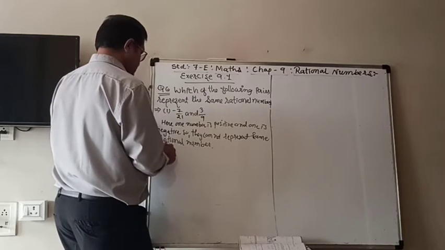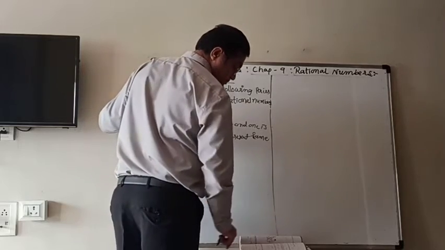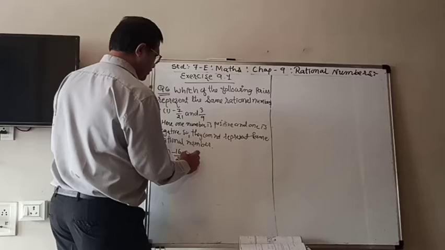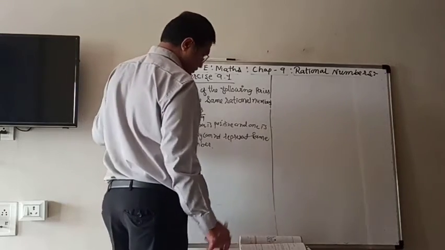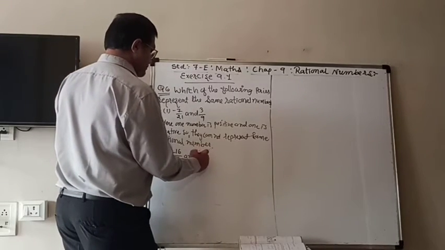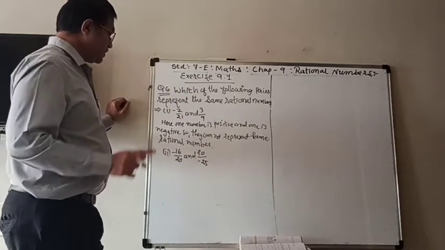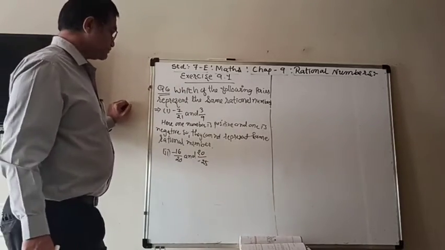Take the second pair now. Second pair is minus 16 upon 20 and 20 upon minus 25. So here we have to do something.